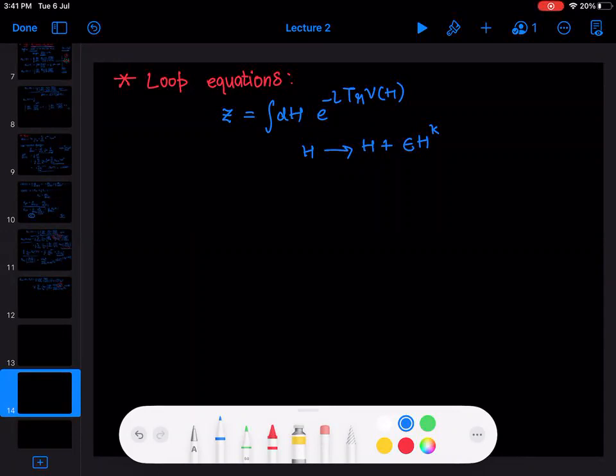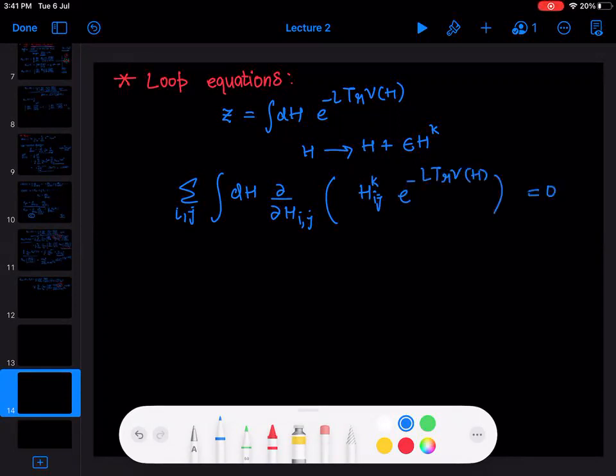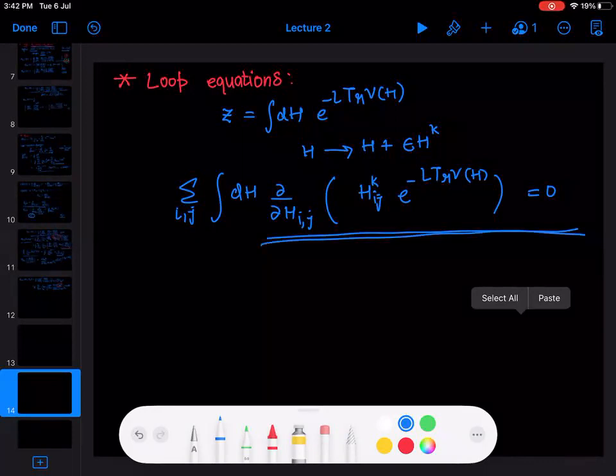An equivalent way of saying this is you take this variation, put in this insertion, and demand that the integral of this derivative vanishes. These two ways of looking at it are equivalent, and you can explicitly check that. What I'm going to do is write this equation.